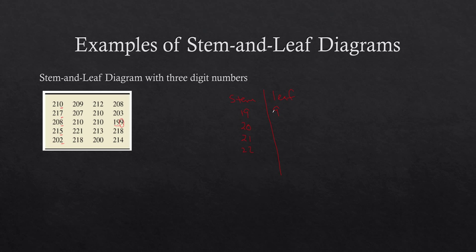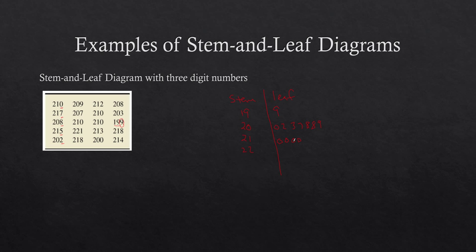That's a leaf. Then we have, for 20, all the numbers that have a 20 at the front, the rightmost digit is going to be 0, 2, 3, 7, 8, 8, and 9. These are all the ones that have 20s as a stem. All the ones that have 21s as a stem are going to be 4.